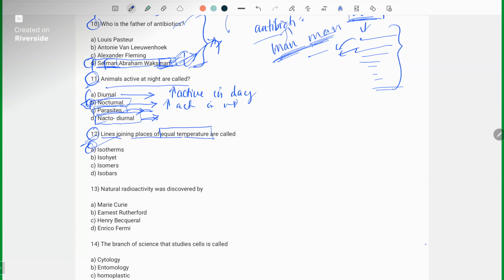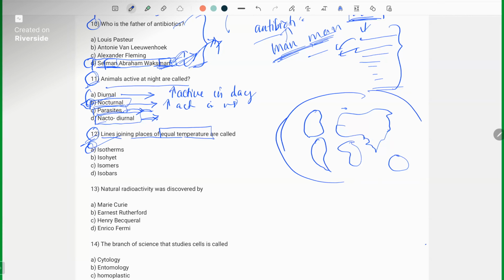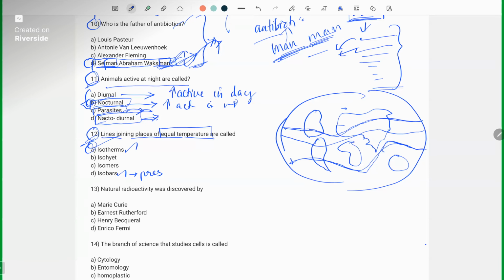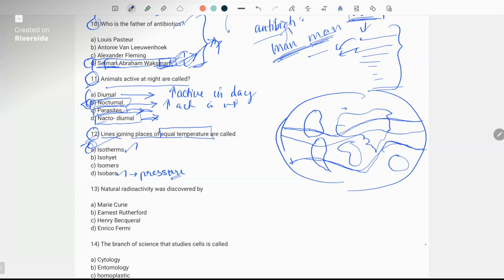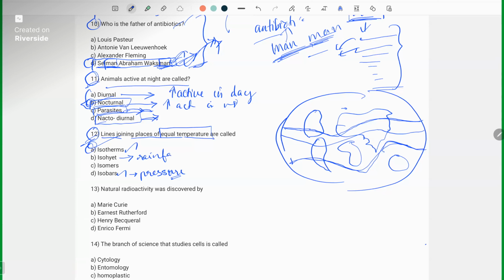Lines joining places of equal temperature are isotherms. There is Earth, North America, South America, Europe, Africa, India, Australia. We can take this or take the whole world. Isotherms means mapping the whole world or a certain particular region where the temperature is equal, a line for recording the region with equal temperature. If you do it on a temperature basis, that is isotherm. Isobar is on a pressure basis: they map places where the pressure is almost the same. So based on pressure it is isobars, and based on rainfall it is isohyet. Isomers is not one of these. It comes in chemistry. It is something else.